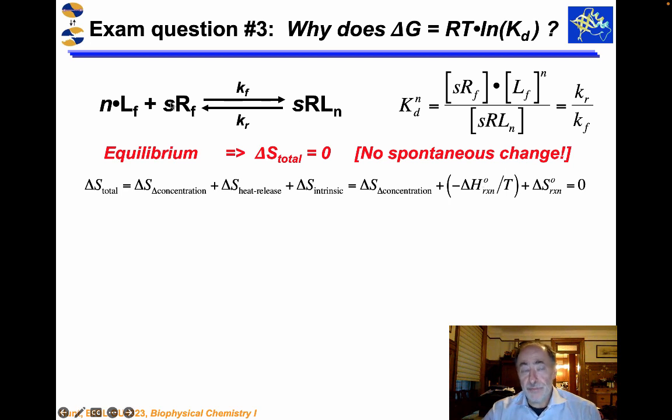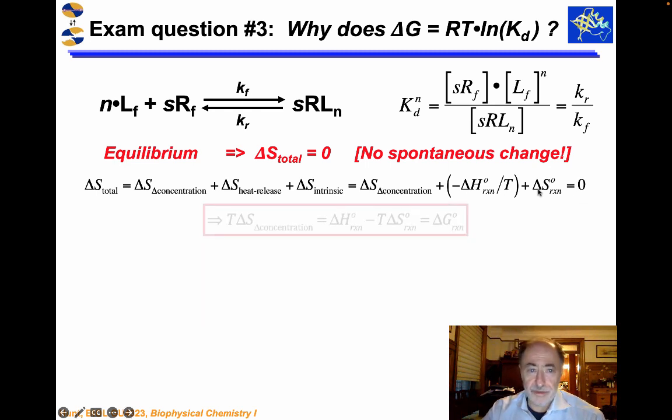The enthalpy and entropy change in that single cycle are captured by the standard enthalpy and the standard entropy, and when we combine them, we get the standard free energy, which reflects intrinsically what's going on when the reaction happens once. In a real system, we also have to add in the entropic effects of the concentration change, which we have just been deriving, and that gives us the total entropy change. So in the equilibrium situation in a solution, the sum of all of this has to be 0.